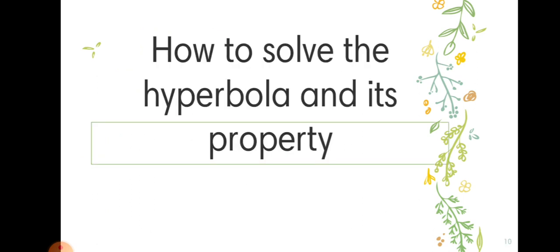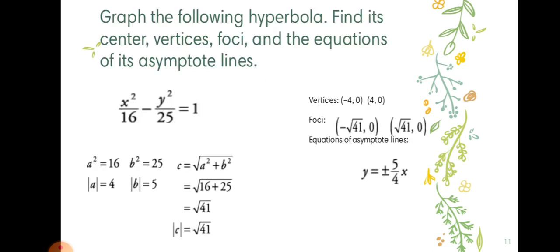So how do we solve for the hyperbola and its properties? Graph the following hyperbola, and find its center, vertices, foci, and equations of the asymptotes. The equation is x squared over 16 minus y squared over 25 is equal to 1.